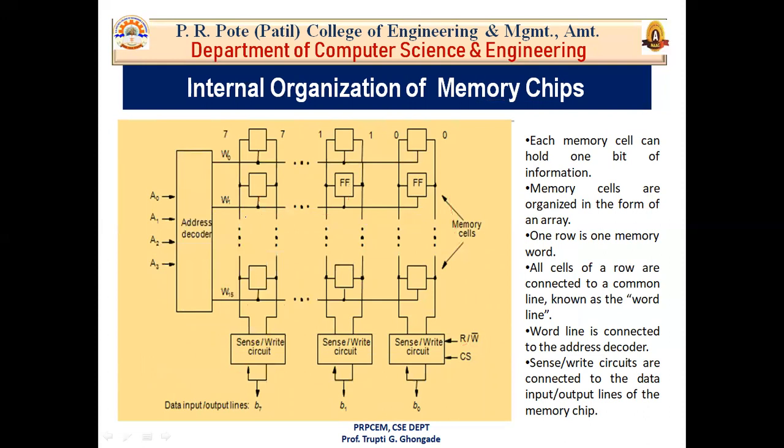Okay, now here you have a memory cell and the row is called the word line, and each column is connected to a sensor write circuit. These are the bit lines. Now we will go more into the RAM, again going into the definition.